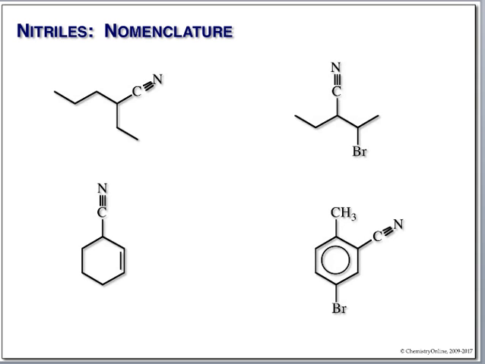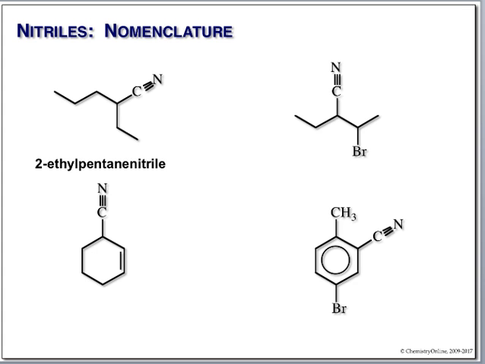Remember to count the nitrile carbon as one of them. So that's 1, 2, 3, 4, 5. It's a pentanenitrile with an ethyl group in carbon 2. Over here, this is carbon 1, 2, 3, 4.